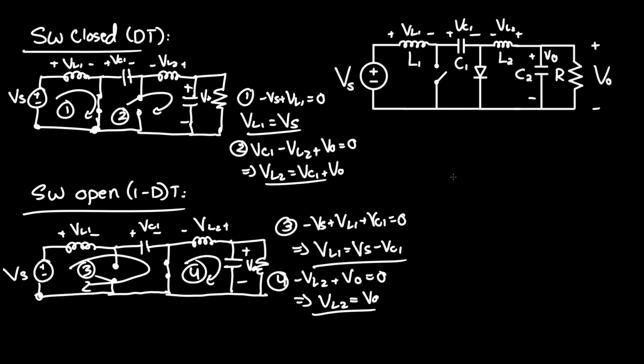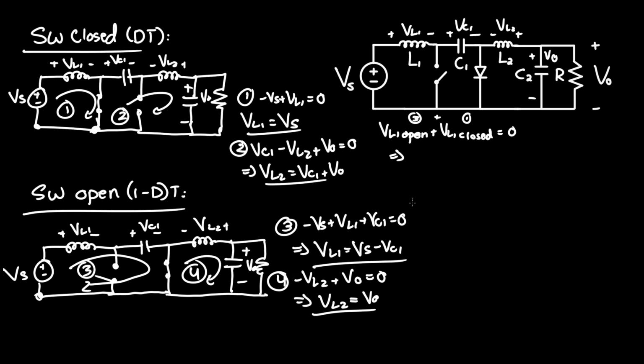Given that the average inductor voltage over the entire operation of this time period t will equal 0, we can say that VL1 open plus VL1 closed will equal 0. In other words, equation 3 plus equation 1, in no particular order. We just need to remember to multiply both of them by their respective duty cycles and periods.